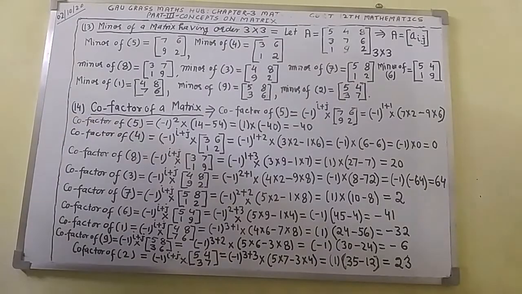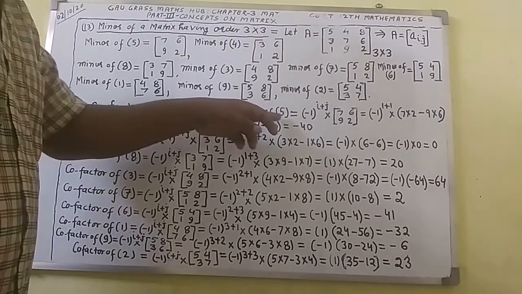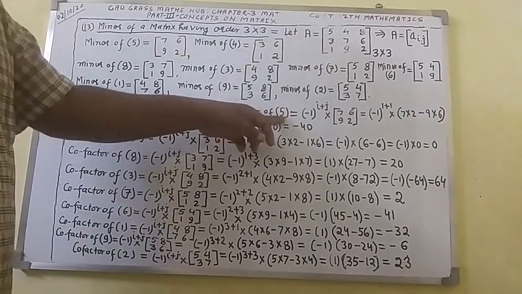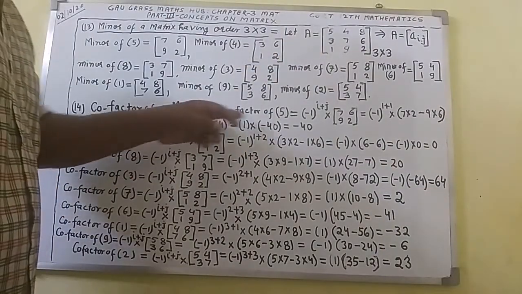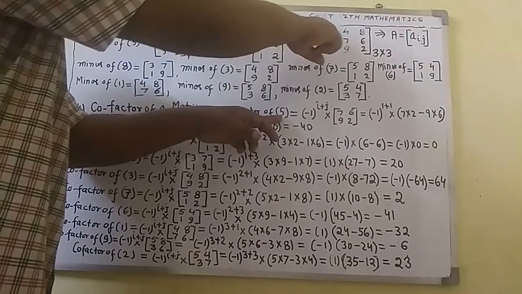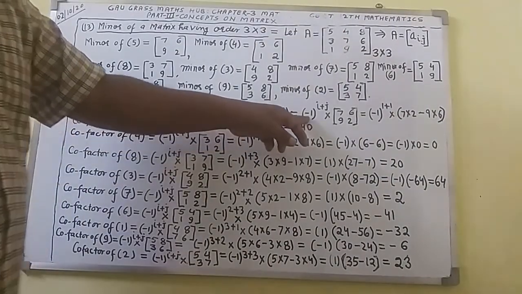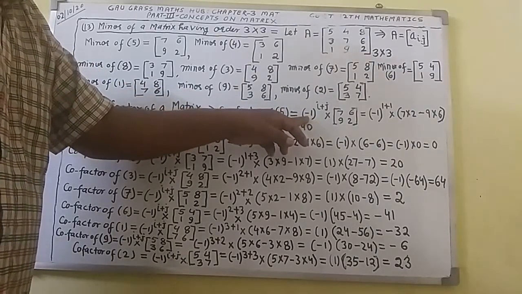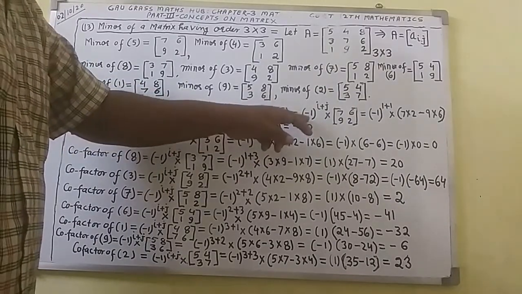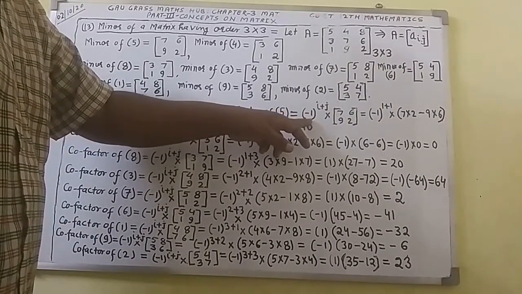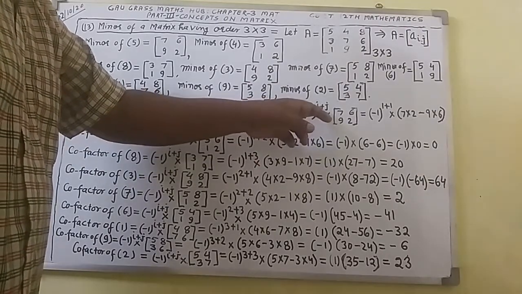So minus 1 will be written in small brackets, raised to the power i plus j.